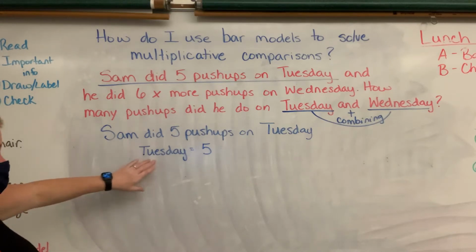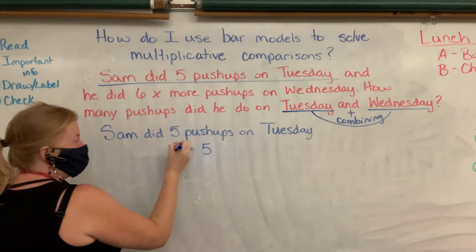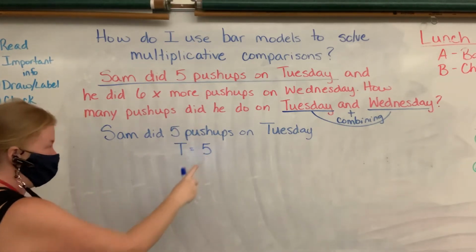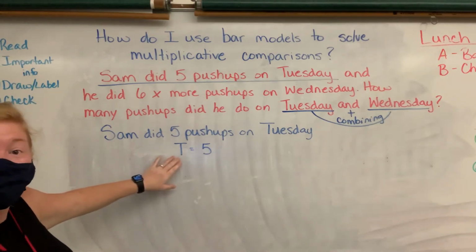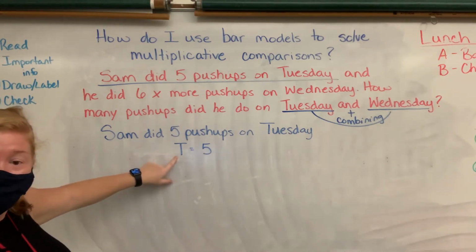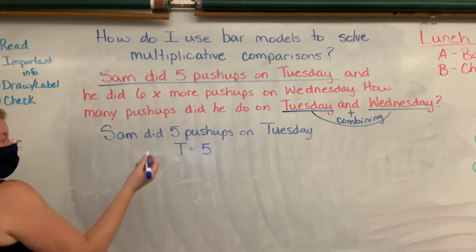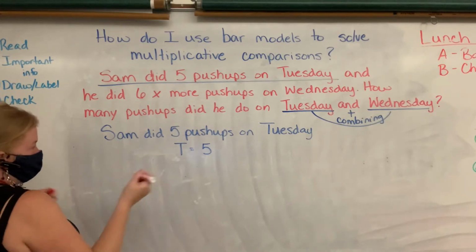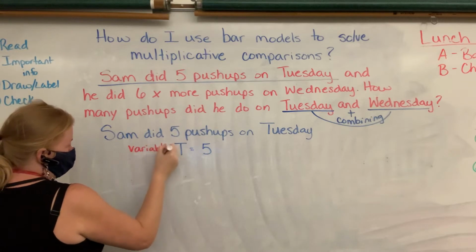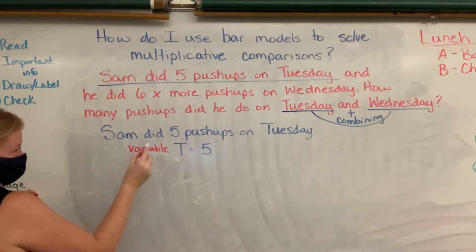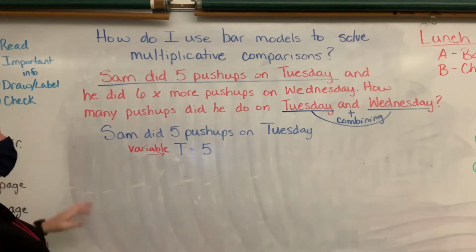I could even use T equals 5 because Tuesday is now represented by the T, which is my variable. We talked about the word variable when you use letters or symbols to represent numbers. So I'm just going to put that word there. T is my variable.